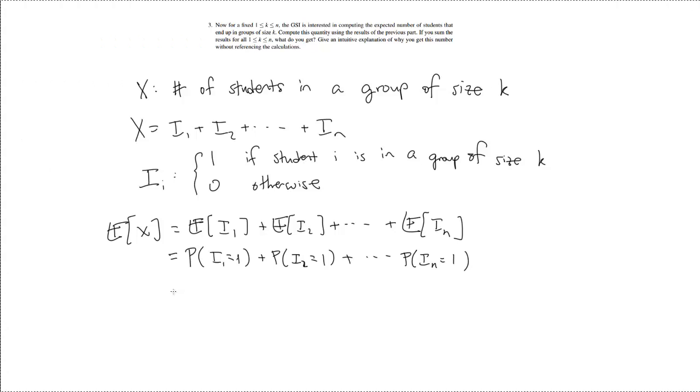And from the previous part, we know that the probability that a particular student is in a group of size k is just 1 over n. So we have 1 over n plus 1 over n plus 1 over n. We have n of these. So therefore the expectation is just 1.